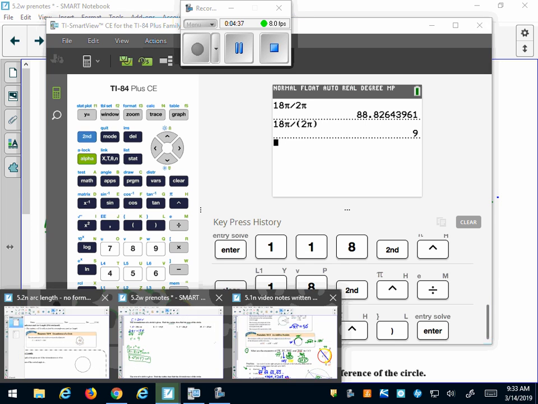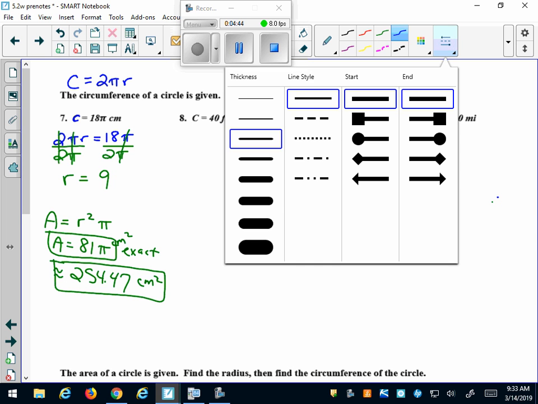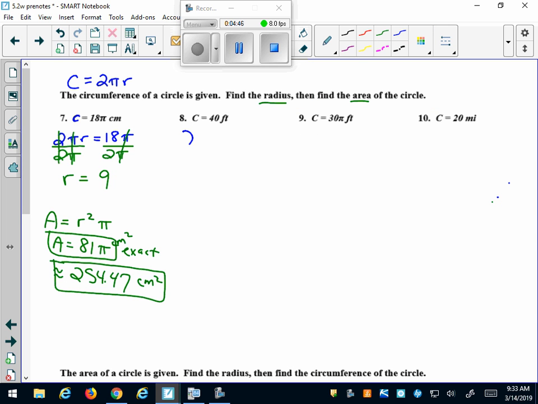All right, so let's go back to this, because look at number 8. What's different about number 8? There's no pi, exactly. 2 pi r equals 40. The circumference equals 40 feet. There's no pi. So now when we divide by 2 pi on both sides, you get 40 over 2 pi.